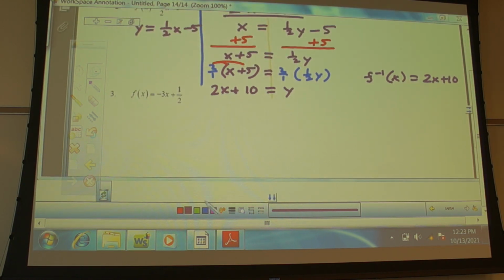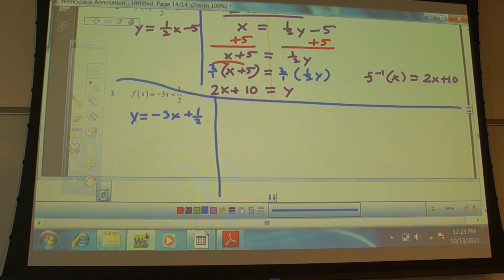All right, well, let's look at the next one. So again, the first step is to just make this into y equals negative 3x plus 1/2. And then we're going to find the inverse. So this is inverse land over here.